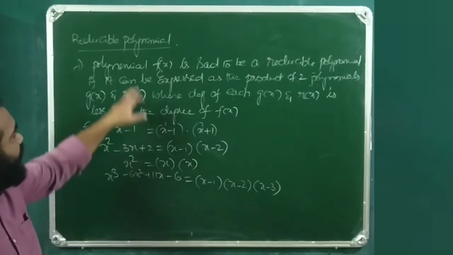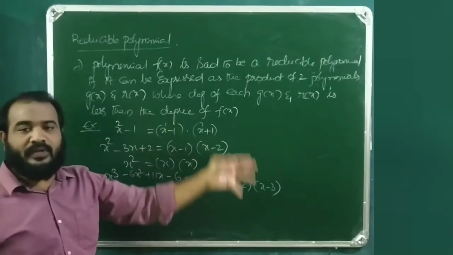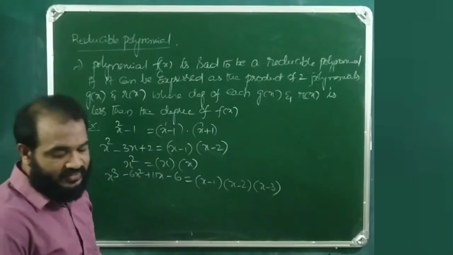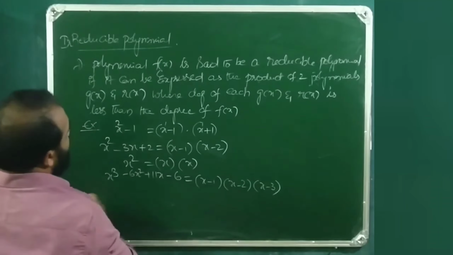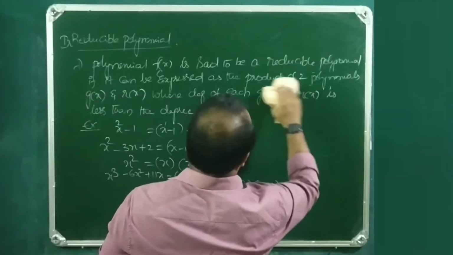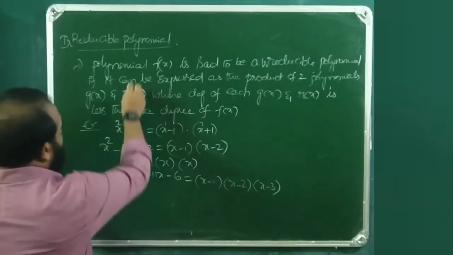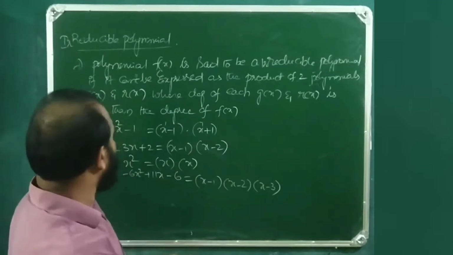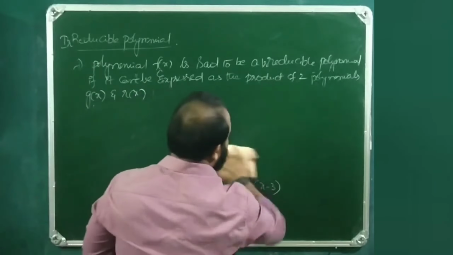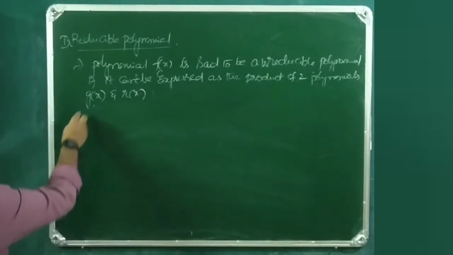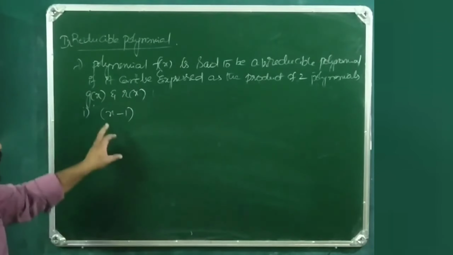And irreducible polynomial: a polynomial f of x is said to be an irreducible polynomial if it cannot be expressed as the product of two polynomials g of x and r of x. So take x minus 1.